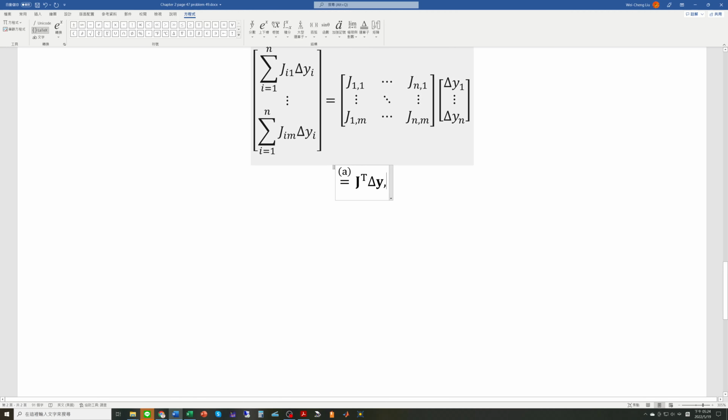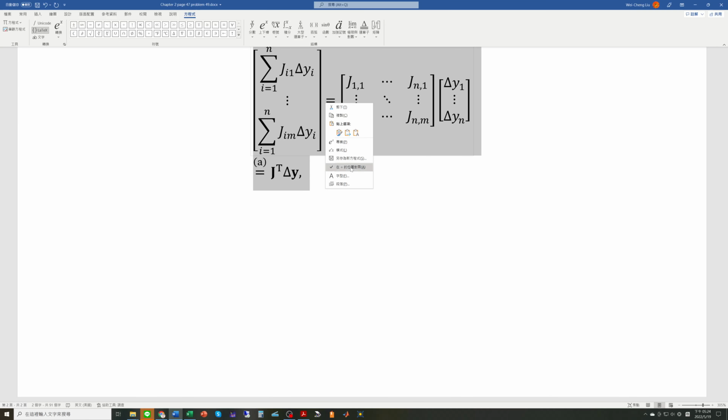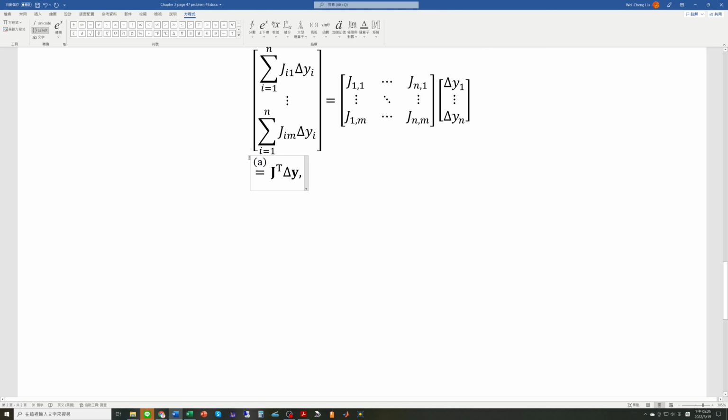So let us align at the equality sign. Align at the equality sign. So this is not an equality sign. So that is okay. Equality sign and align.